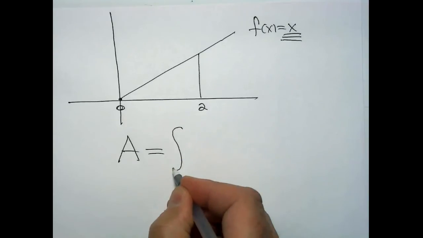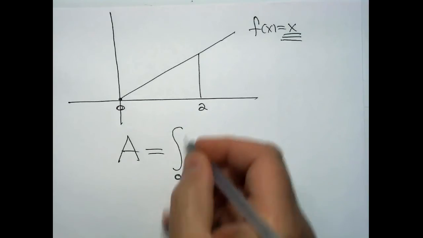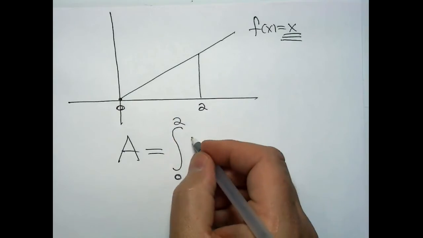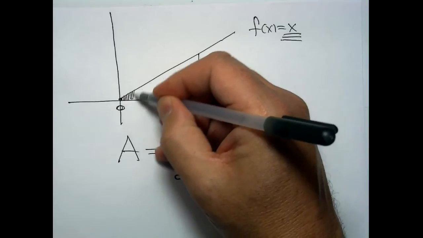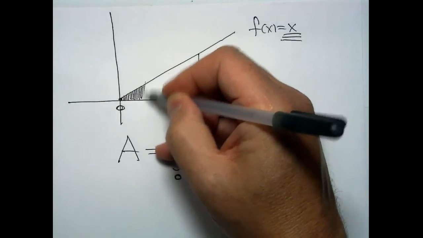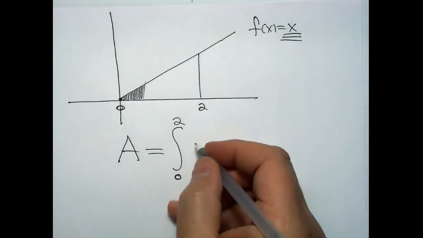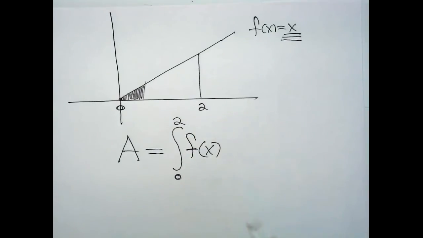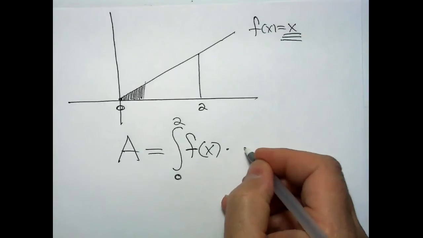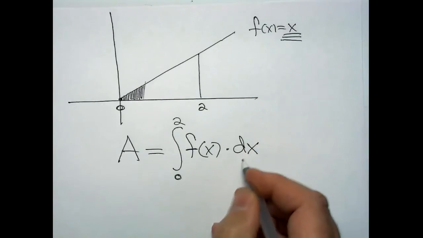a clean sweep or sum starting at 0, ending at 2 of these hair-thin rectangles, right? Here they all are, hair-thin, piled up next to each other, where the height of each rectangle is just f of x, that's y, that is the height, and the width of each rectangle is dx.